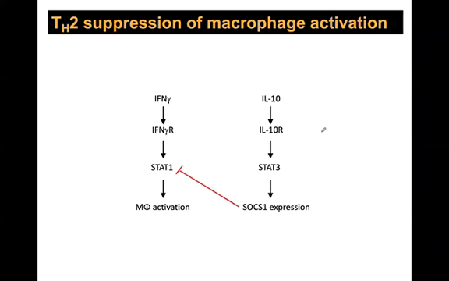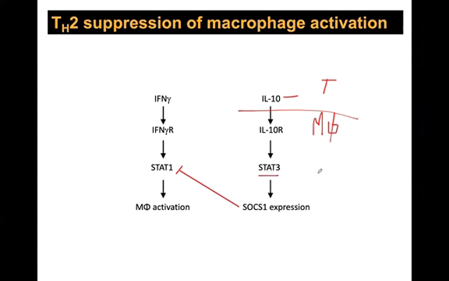But one thing that they do that is important, one of the ways that they're blocking macrophages, is sort of a different way of thinking about this. So the Th2 cell will make IL-10. On the macrophage, right, this is the T cell producing this, the macrophage will bind the IL-10 and signal through STAT3, right?